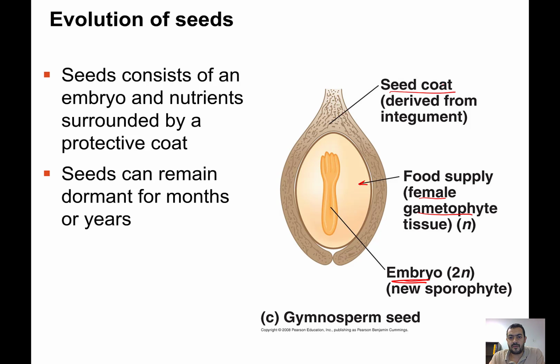Or maybe if it is a dry condition, they can remain there till the conditions become humid and favorable, and so on. So they are really important in giving the seed plants more chances to move to or colonize other parts of the land.